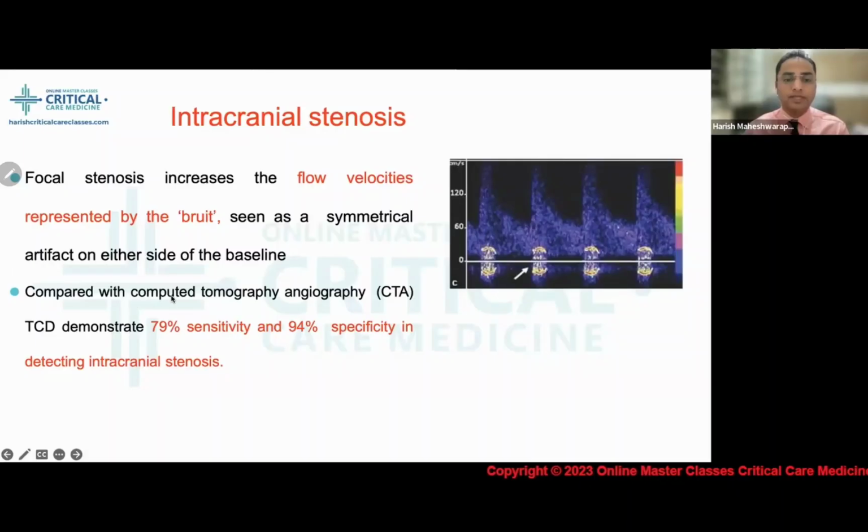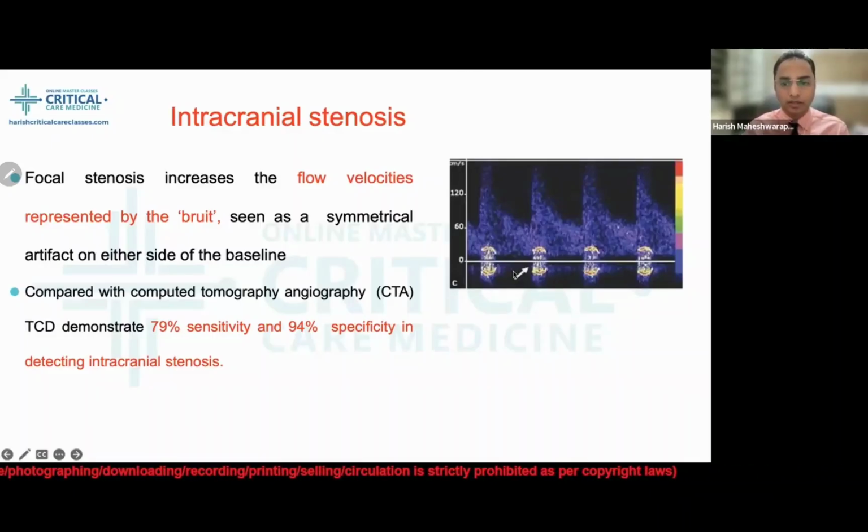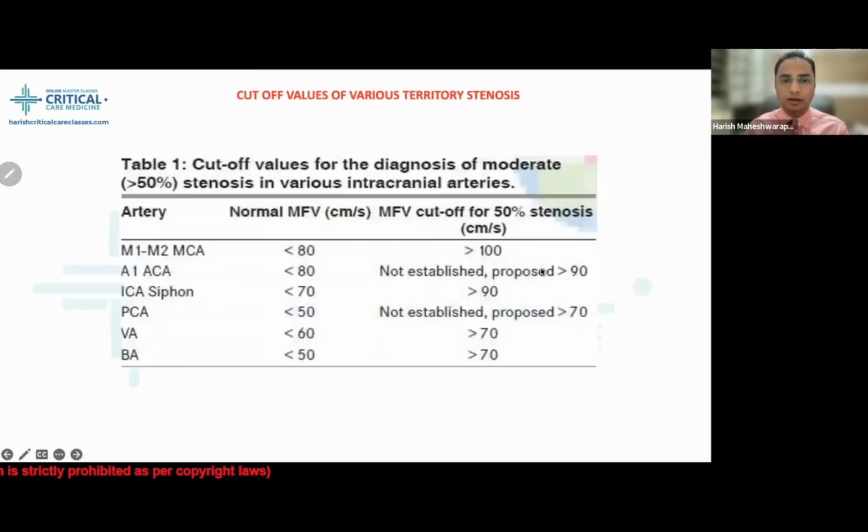Compared with CT angiography, TCD demonstrates around 80% sensitivity and around 94% specificity in detecting intracranial stenosis. So if we get a bruit on either side of the baseline, it means the patient has intracranial stenosis. There are some cutoff values for various territories to get an idea about the stenosis.